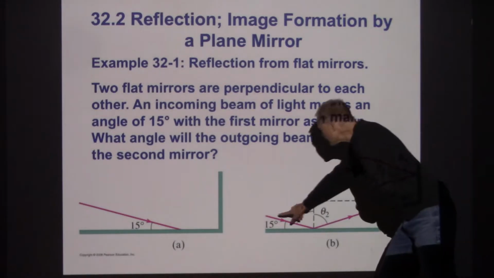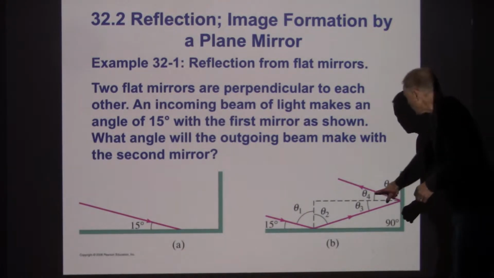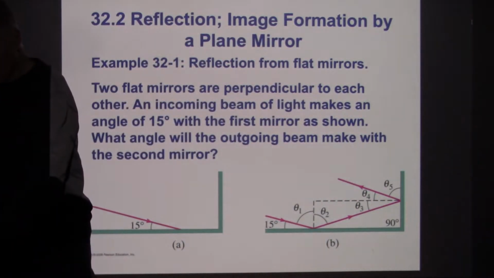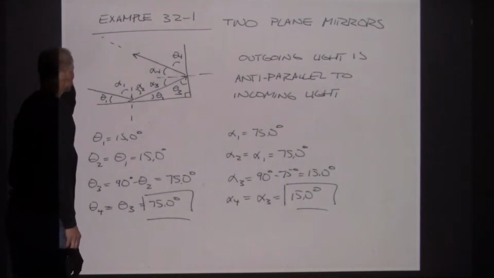Now, if this light is coming in at 15 degrees compared with the horizontal direction, look, the light exiting is also coming out at that very same angle. So, let's see.